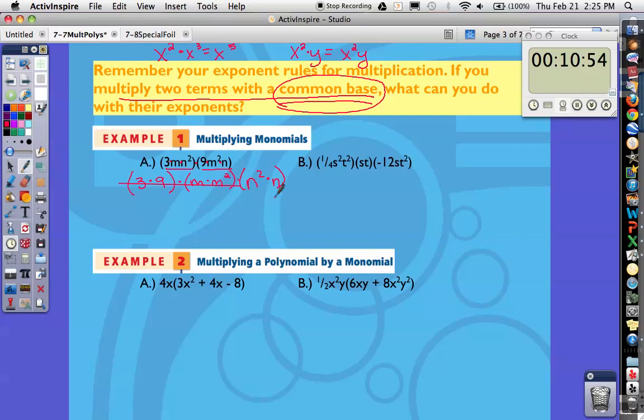Now you can multiply each set there. 3 times 9 is 27. M times m squared is m cubed, right? Because we're adding the exponents, and there's a 1 here. And n squared times n is n cubed.